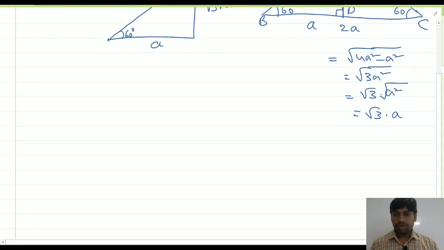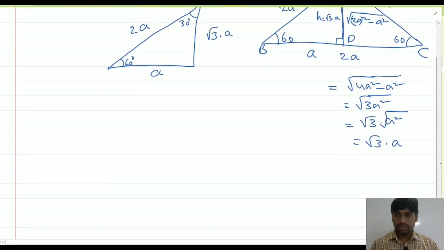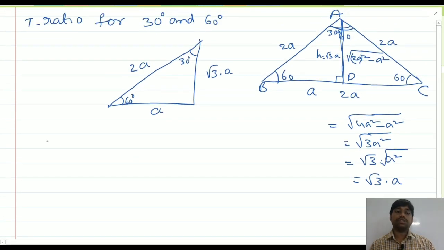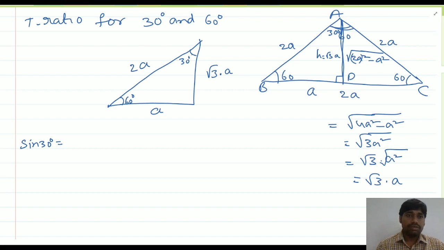Now from this we can write the trigonometric ratios for 30 degrees as well as 60 degrees. So sine 30 degrees, this is 30 degrees. I will change the color pen so that you can understand easily. It will become opposite for 30 degrees.